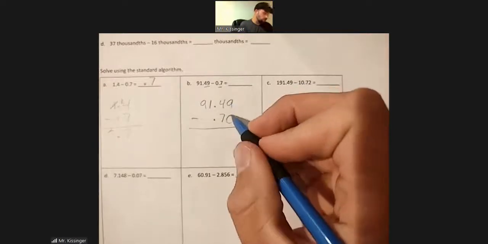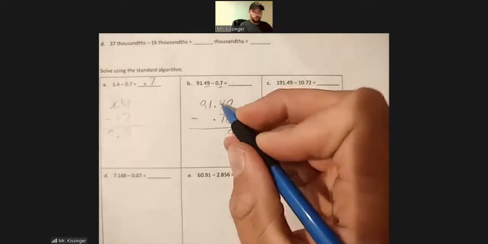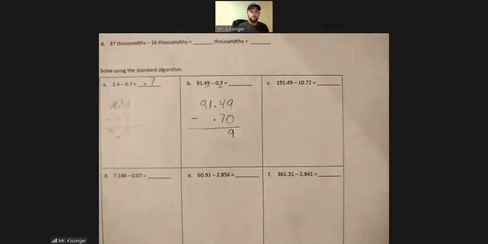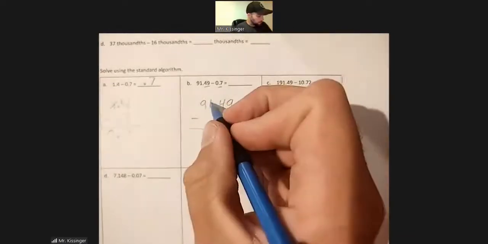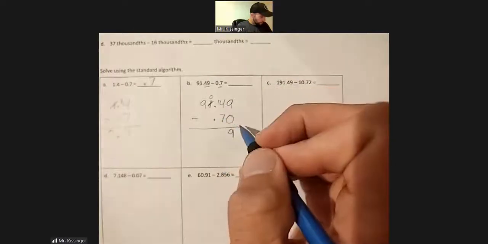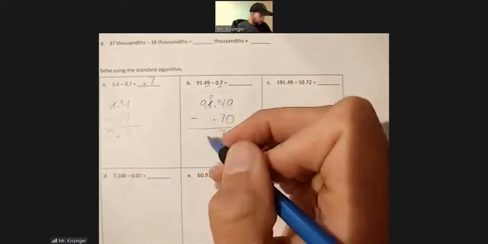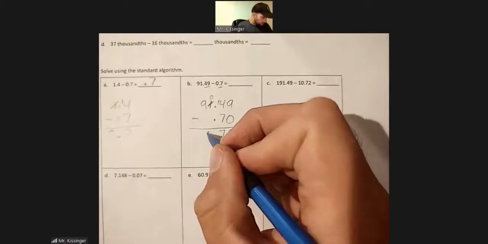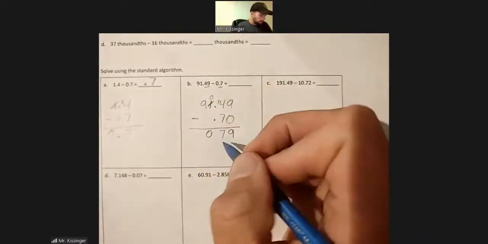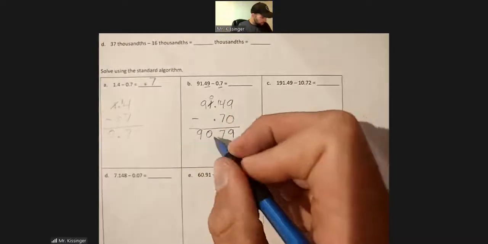So now I can just do 9 minus 0, and I would get 9. 4 minus 7. Again, we're going to have to borrow. We can't take 7 away from 4. So we make this a 0. We have 14 minus 7. We make it 7. We'll bring our 0 down. And then 9 minus 0 is 9.